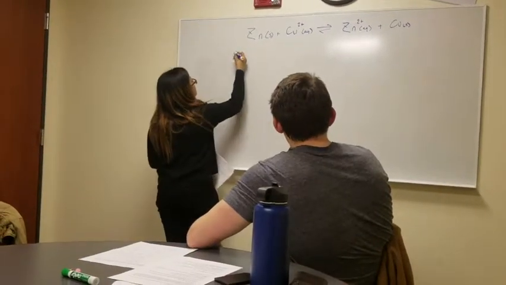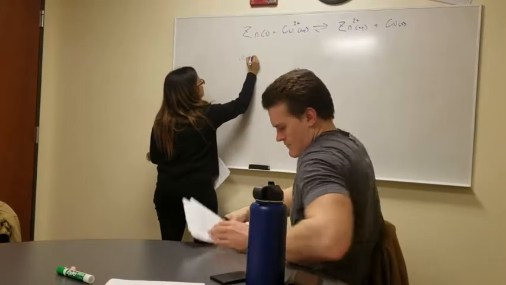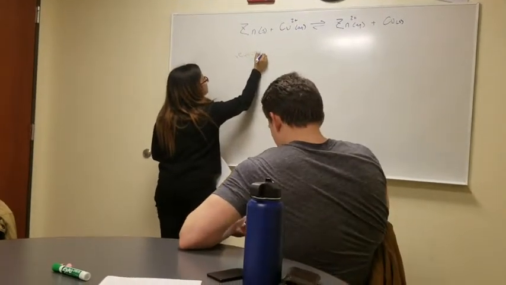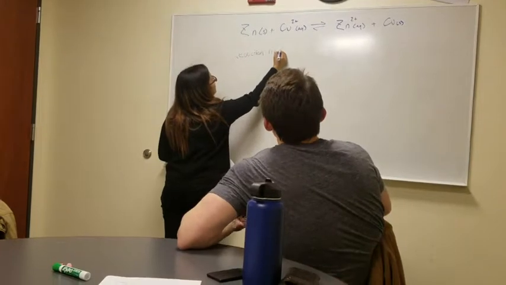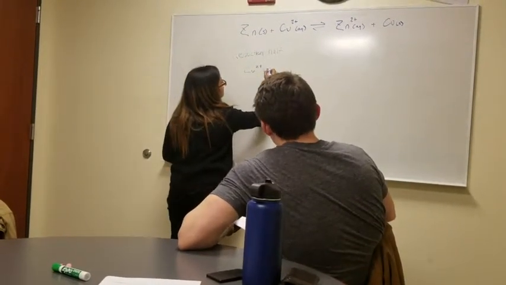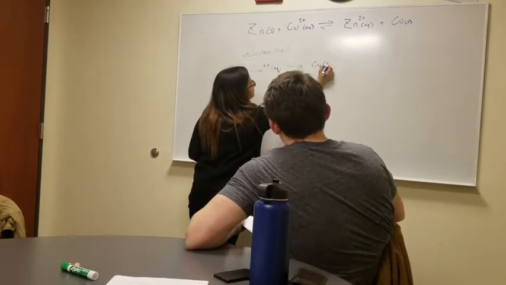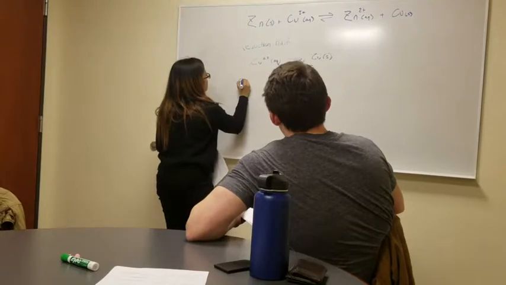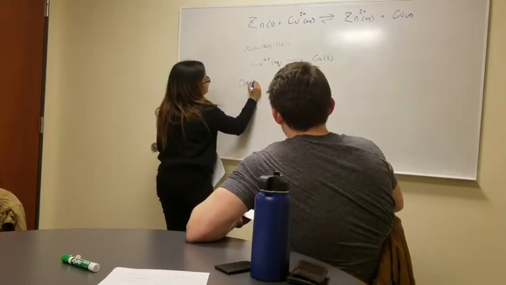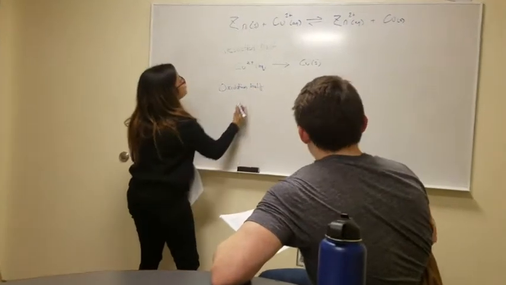So reduction half. Okay. Yeah. And then the oxidation one would just be the zinc solid to the zinc 2 plus. You're right.